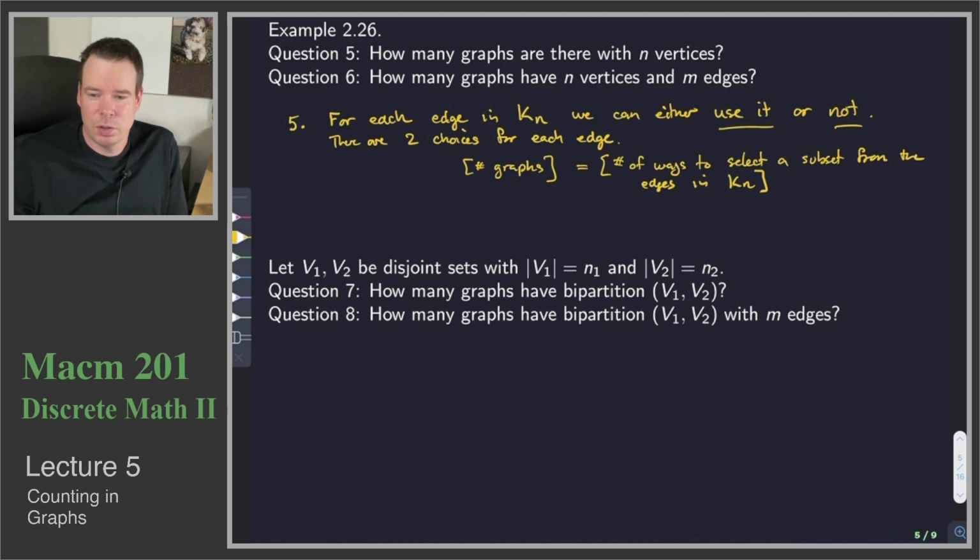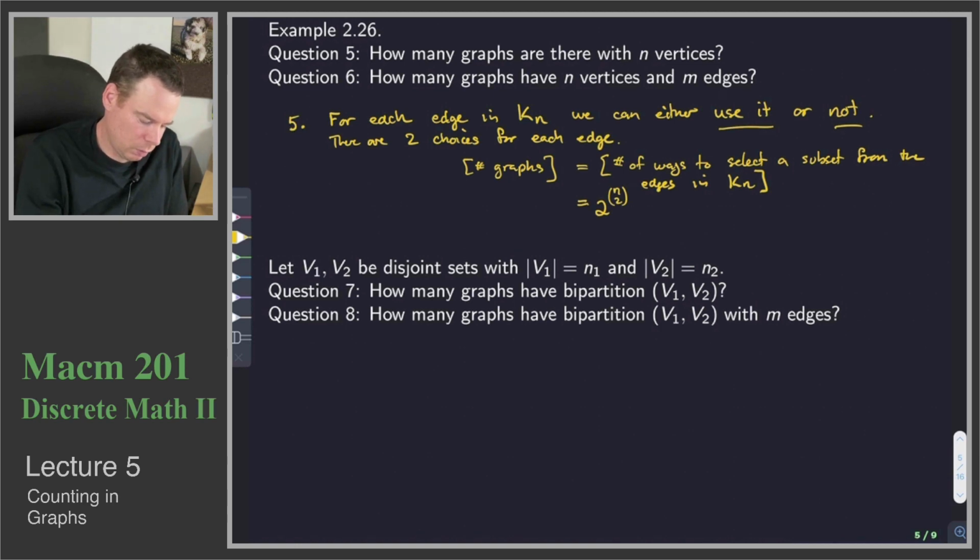And how many edges are there in Kn? There are n choose 2 edges in Kn. That's what we worked out before. And so for each of those n choose 2 edges, I can either use it or not. So we get 2 to the n choose 2. That's the number of ways we can select a subset from the collection of all edges. So we'll write this answer in up here. This is 2 to the n choose 2. Now how about for the next one?